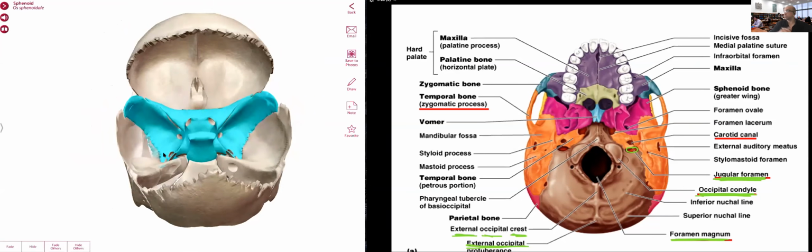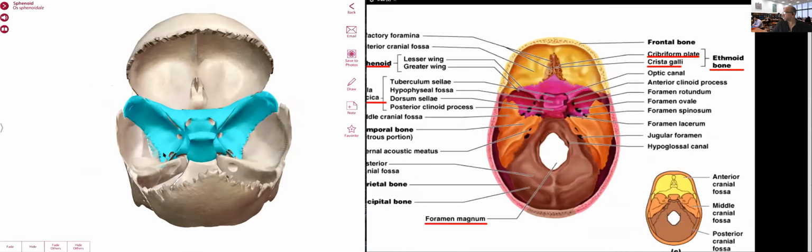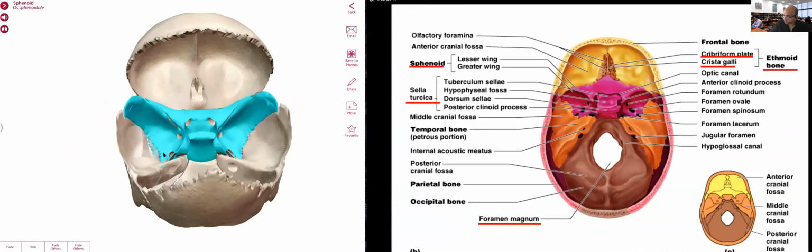And remember, the sphenoid bone has how many wings? I have 2 lesser wings and 2 greater wings. So 4. Yes.